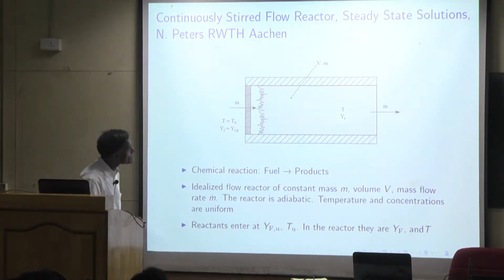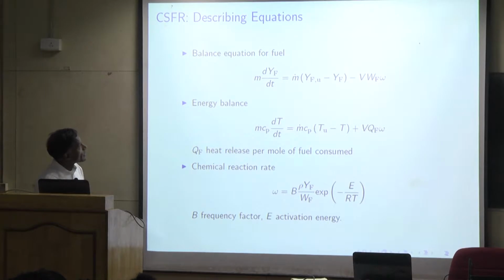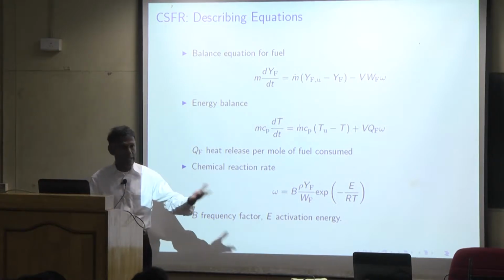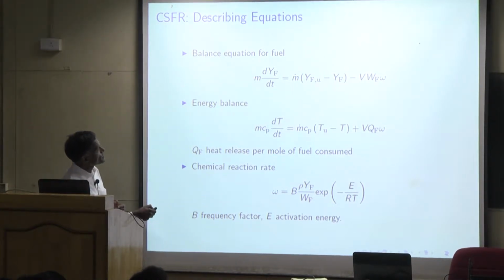Now this is the balance equation for the fuel. This is the rate of change of the mass fraction of the fuel, and this is balanced by the convection in. m dot YFU is the amount of fuel that enters the reactor, and m dot YF is the amount that exits.